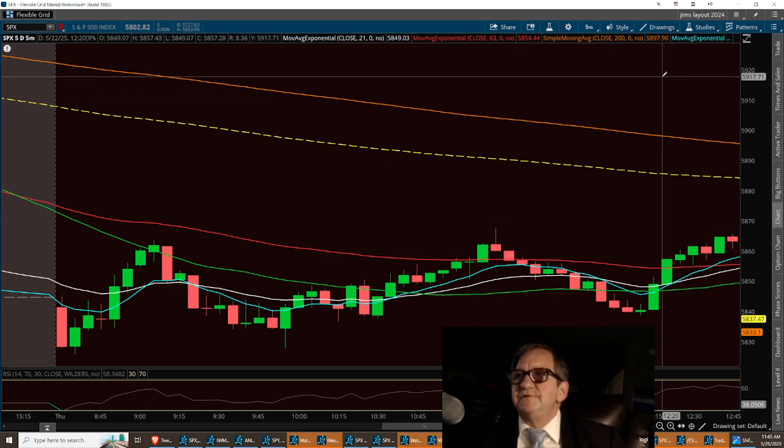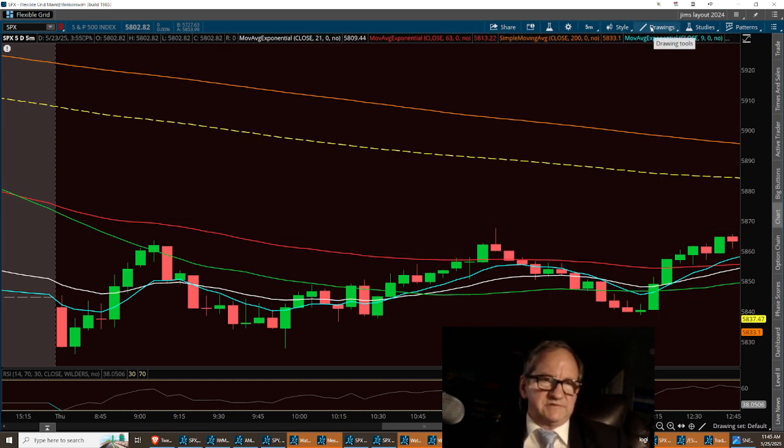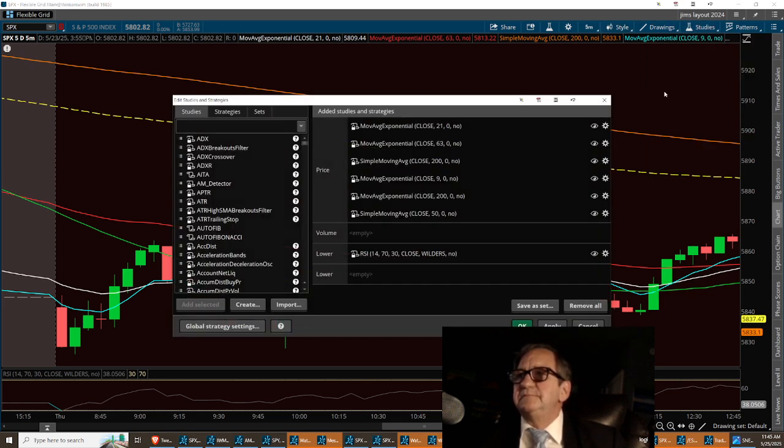So my moving averages, just in case you keep hearing me yell out these moving averages, if you got a pencil and paper, jot these down. I've got the EMAs and 2 SMAs.